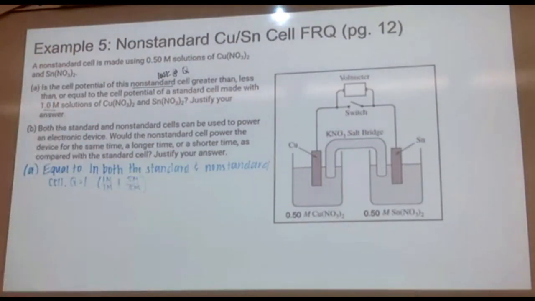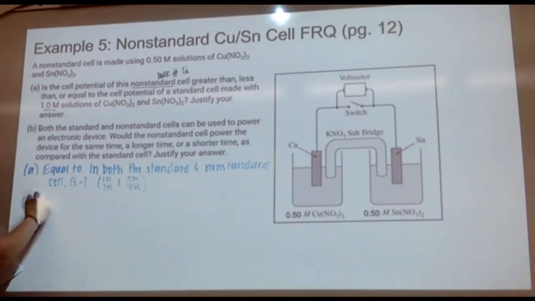It doesn't matter whether Cu2+ or Sn2+ is the product or is the reactant. You're looking at the ratios. The ratio of both of them is 1. So since they're both Q equals 1, they're both the same cell potential.